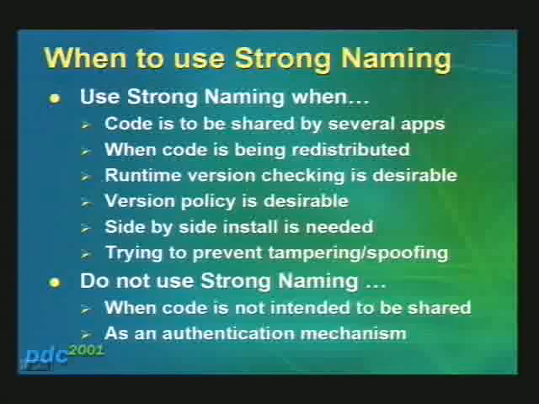One key reason why, if for no other, is so that you can fix it later on when you identify problems with it, right? If there are problems and you have it strong named and you can identify the assembly, you can apply patches, you can install new assemblies that override those, you can set binding policy, which we'll talk about in a minute, that will redirect users from the old one to the new one.